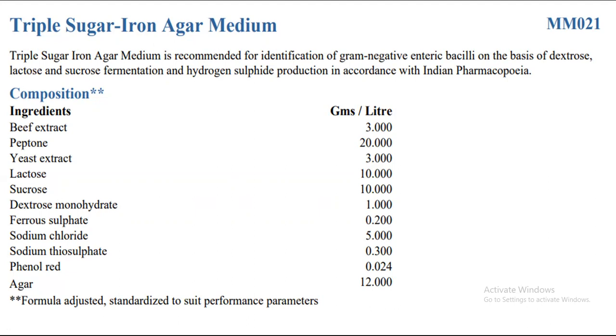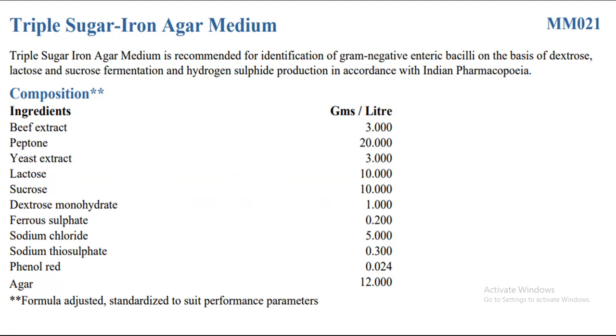Lactose, sucrose, and dextrose monohydrate, or simply D-glucose, are used for the fermentation process, and ferrous sulfate is used; I will tell you its main function.